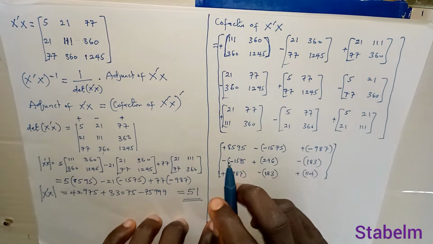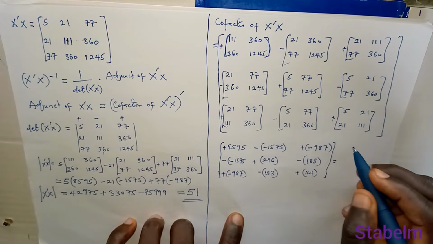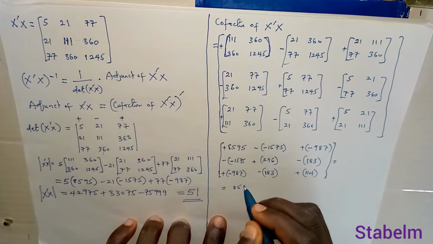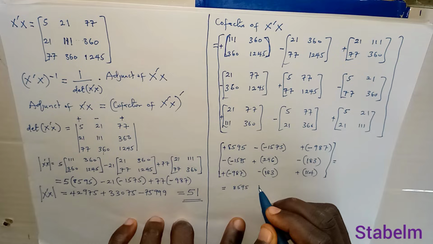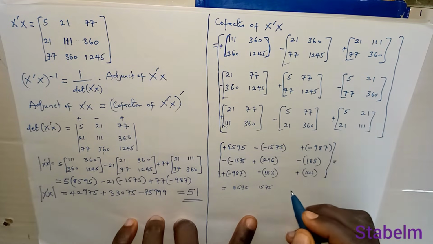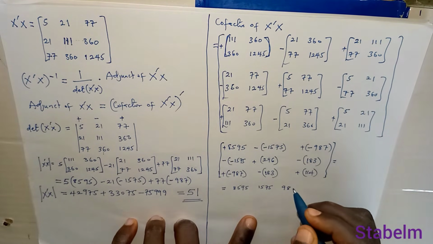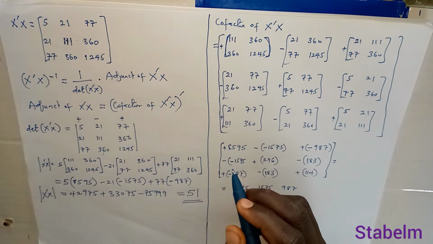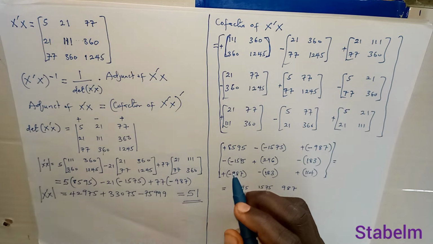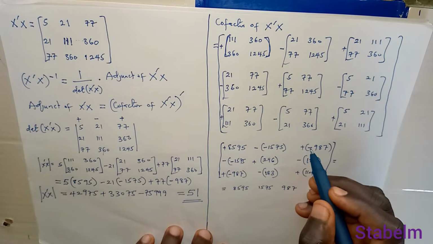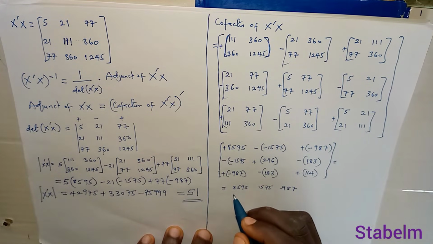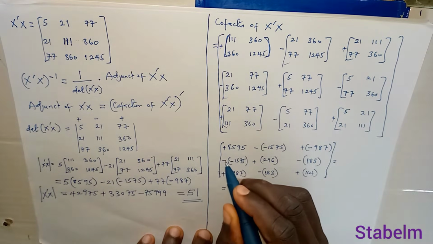So by the time we open all these, this is going to give us 8595, 1575, 987. Minus times minus will definitely give us a plus. And you should not forget that here we have minus times plus, which is a minus. So here we're going to have 1575, minus times minus plus.